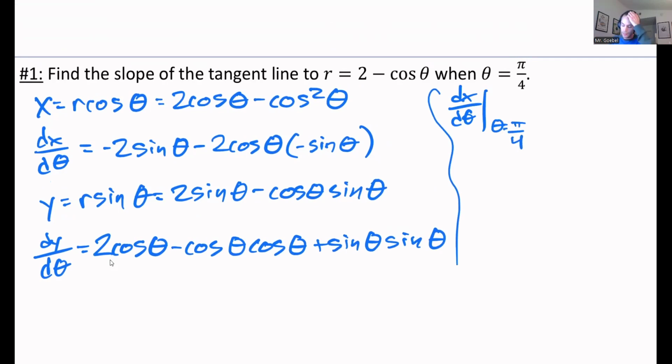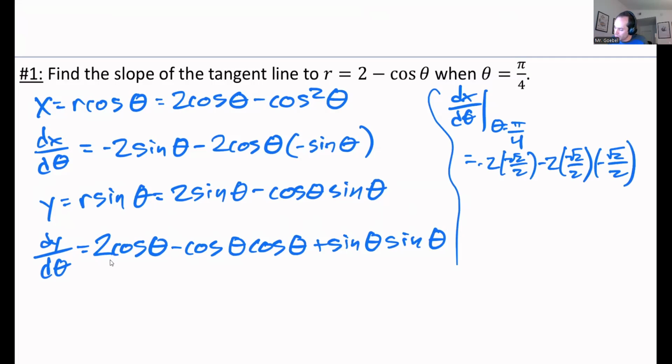Again, time to flex some unit circle here. So -2 sine theta. We're back to dx d theta, plugging in pi over 4. So I'll have -2. What's sine of pi over 4? That's √2 over 2, minus 2 √2 over 2. And then we got negative √2 over 2.